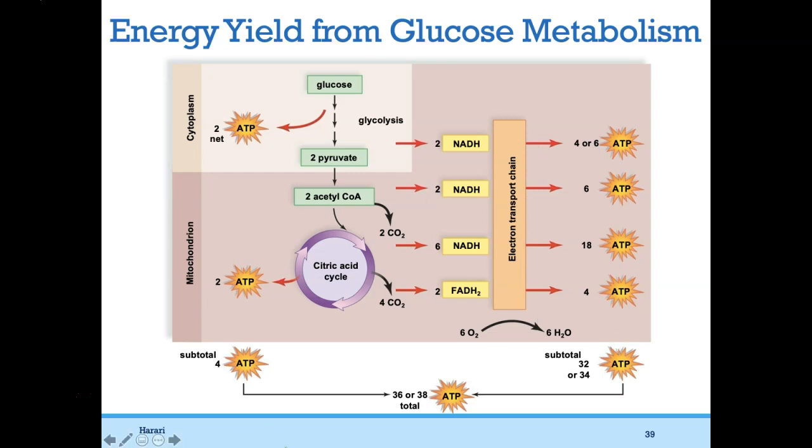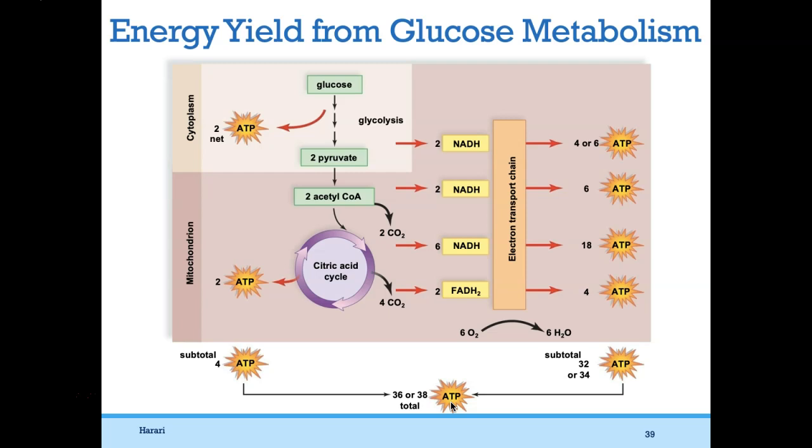So together, from glycolysis, the prep reaction, and the electron transport chain, we can make up to 38 ATP molecules per glucose. This is about a 40% conversion efficiency. So we're extracting about 40% of the energy in glucose and converting that into ATP.